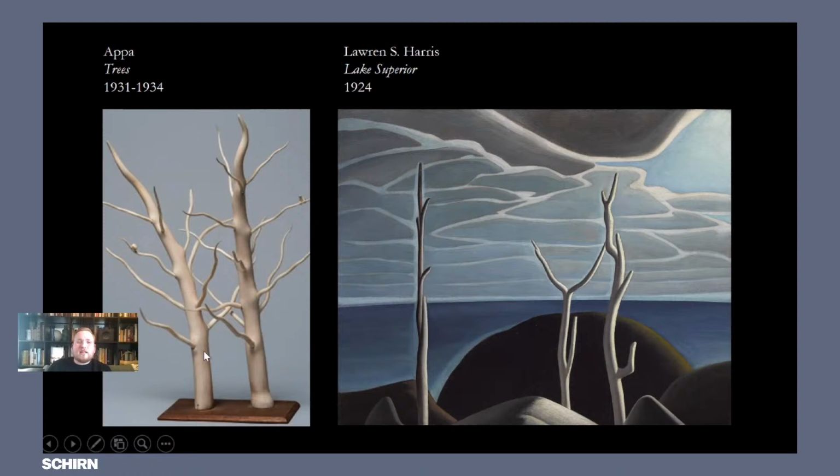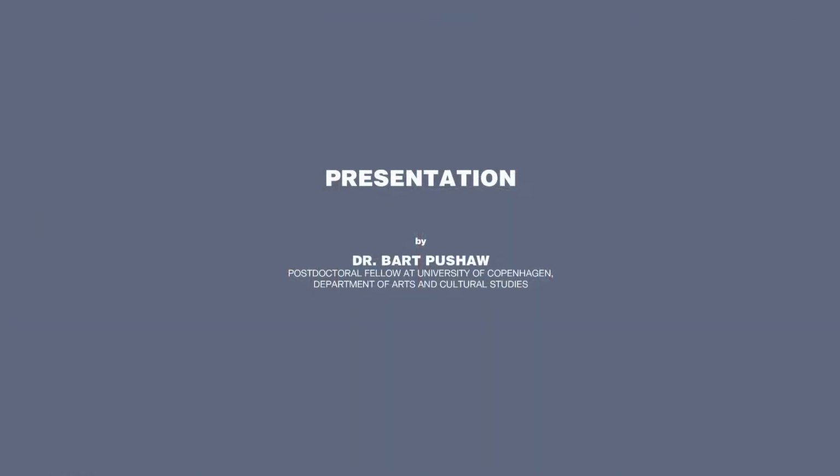And that makes this sculpture by Appa a really great and powerful visual metaphor for the ways in which the same image of these white trees that seem barren are actually incredibly rich and vibrant and full of life. We can also see it as a metaphor for the way in which we know that Inuit lived experience, in Panniktuk and in this larger circumpolar region, is also equally vibrant.